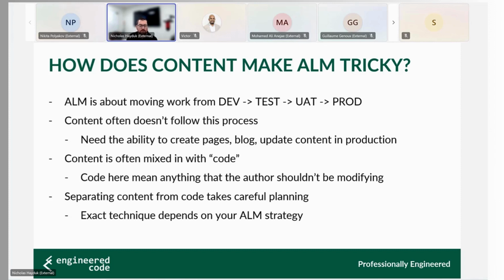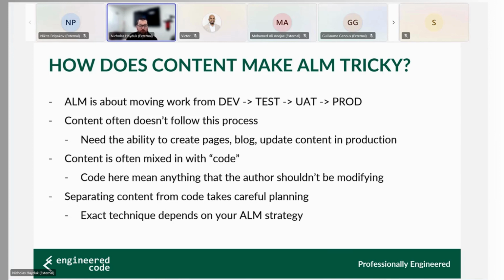Because we don't want every word that needs to change to come back to the developer. Exactly how you do that depends on your ALM strategy. There are different tools for doing Power Pages ALM, and Power Pages ALM in itself is an entire topic; you could spend a whole week just on that.